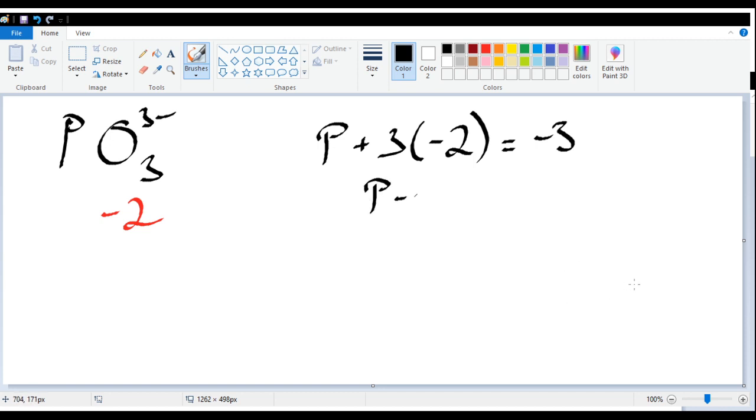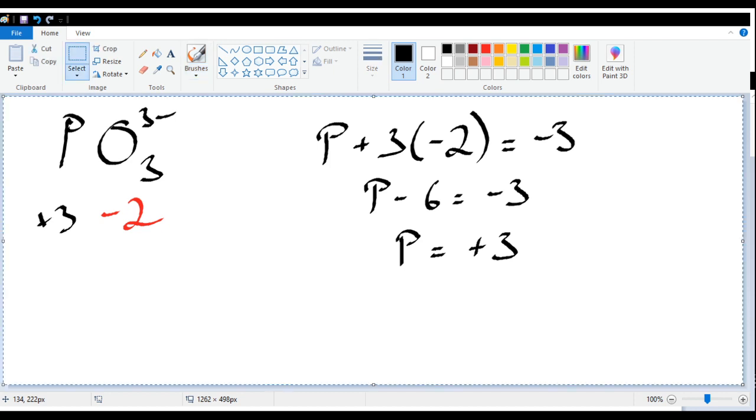So phosphorus minus 6 equals -3. Phosphorus equals +3. So calculating oxidation numbers can get a little tedious-ish, but it's something you're going to have to get good at for reasons we'll get to in just a little bit. We're going to keep on practicing these.